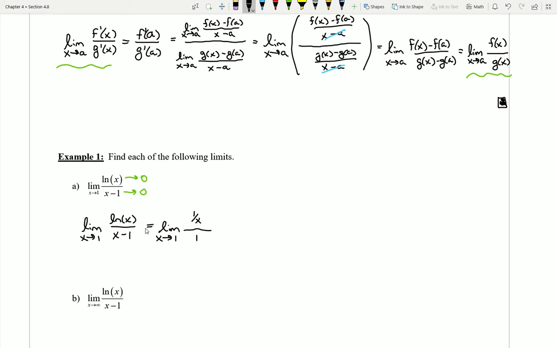Now, it's right here where I'm going to add a little bit of notation. Right above this equal sign, I always like to put a little h to indicate that I went from the first step to the second step by applying L'Hopital's rule. And this is very standard, common notation in mathematics. If you were to go look at solutions to a textbook that teaches this, they're often going to put that h there.